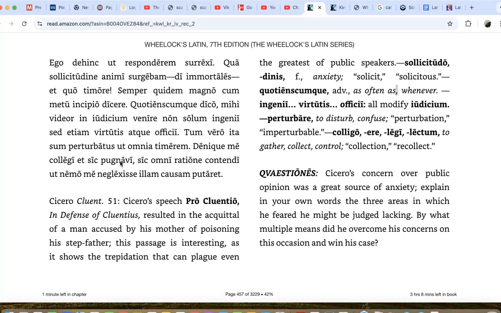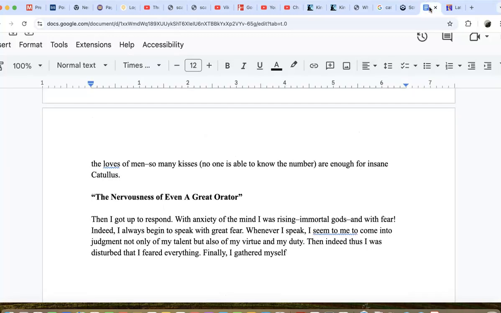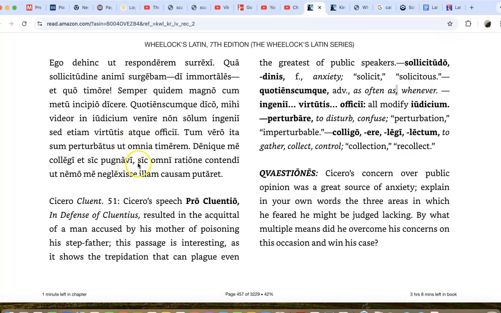In other words, I fought through these feelings of anxiety, is the sense of it here. And thus I fought. And then we have a further emphasis, and thus by all reason.